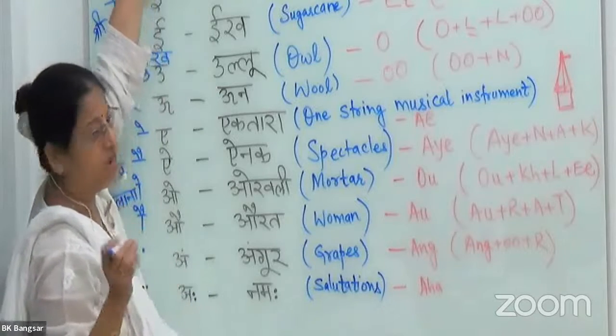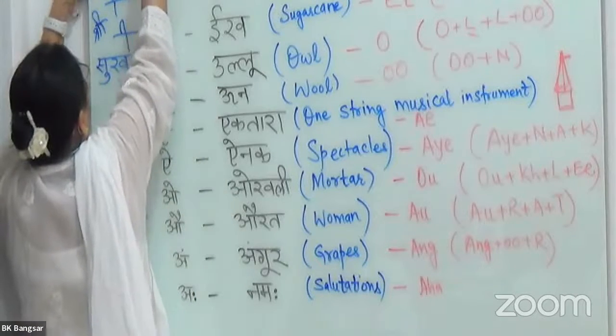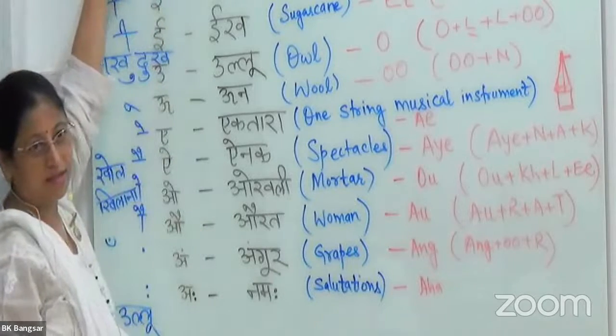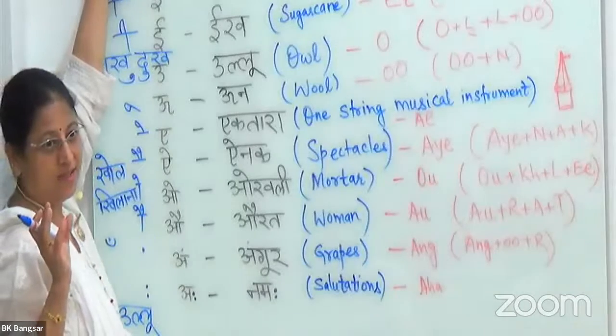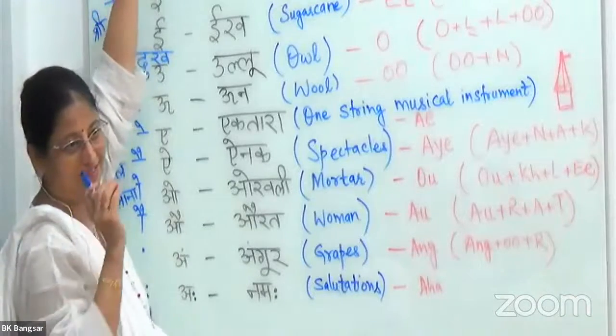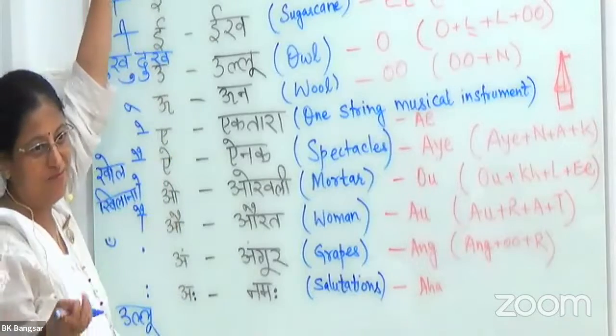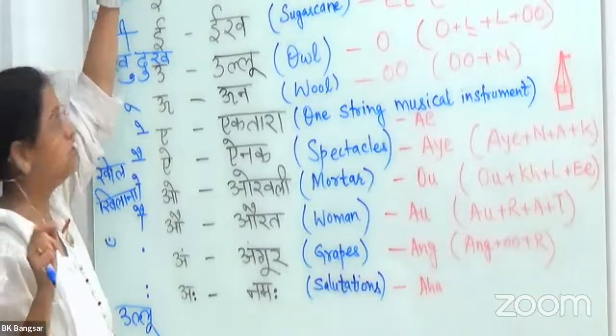So ki, la, na. But ki, lo, na, toy. All the 3 consonants are the same, but when you change the matra, the word totally changes.